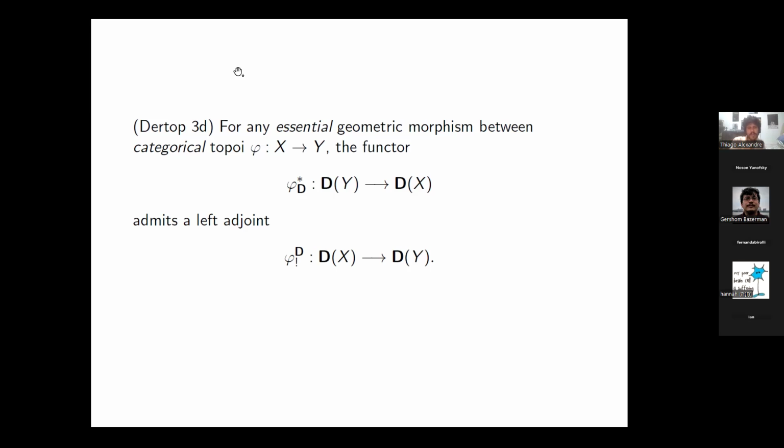But assuming this condition for essential geometric morphisms between categorical topoi, by using the other axioms we can actually prove the existence of the direct homological image for many other essential geometric morphisms between arbitrary toposes, not only between categorical toposes.